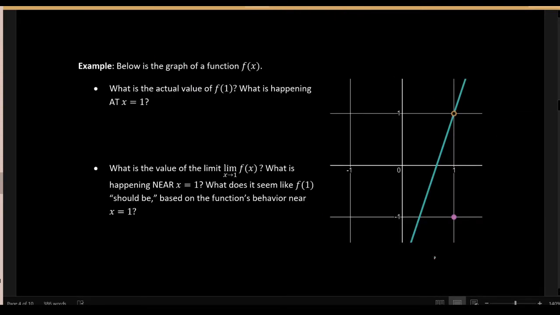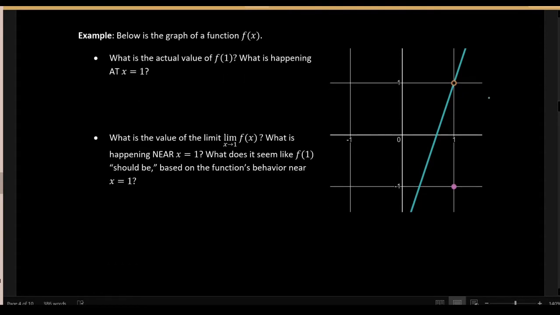Let's have a look at the function graphed on the right hand side here. Now, I've used colors pretty wildly here, but all of this is part of the same graph of the same function. In this graph, what is the actual value of f of 1? I need to go on the graph and look at locations where x is equal to 1.